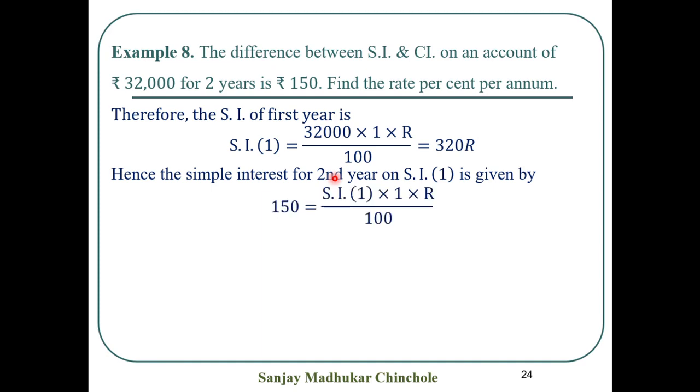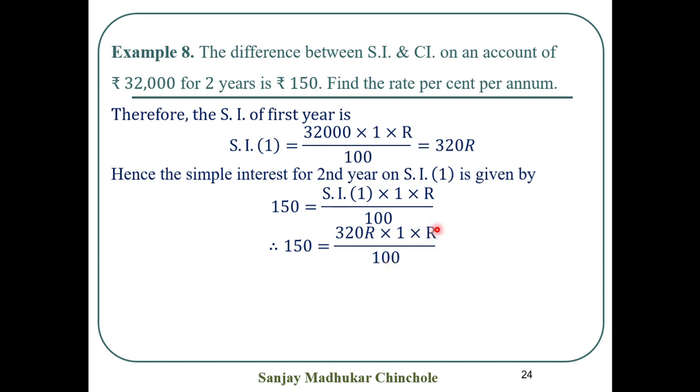We will get 150 is equal to simple interest on first year into 1 year into rate of interest divided by 100, and this simple interest for first year is obtained as 320R. You can replace it by 320R into 1 into R by 100.